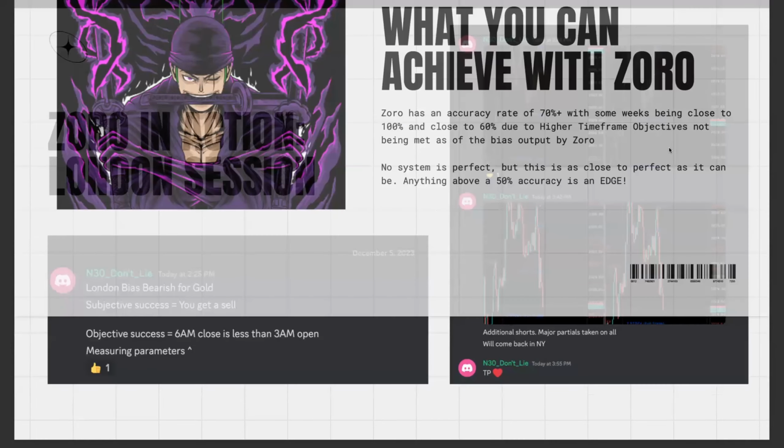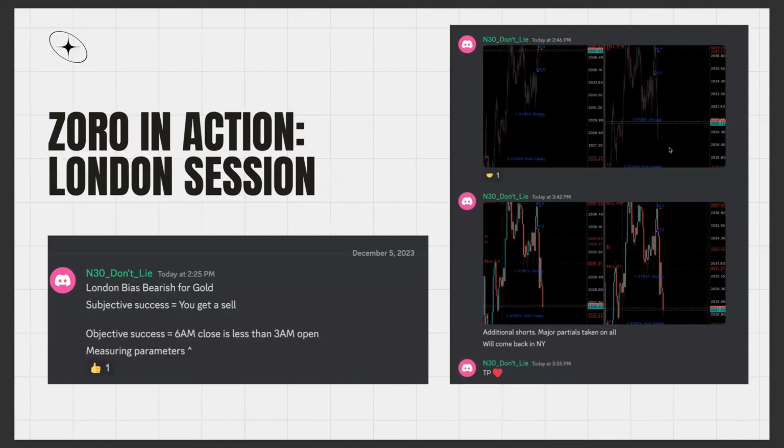Now, today is the 5th of December, 2023, and I thought of using today's price action as an example. So today for the London session, I gave the bias for gold. It was bearish. We are looking at things in two ways: one in terms of subjectivity and the other in terms of objectivity, because different people have different models and different entry points.